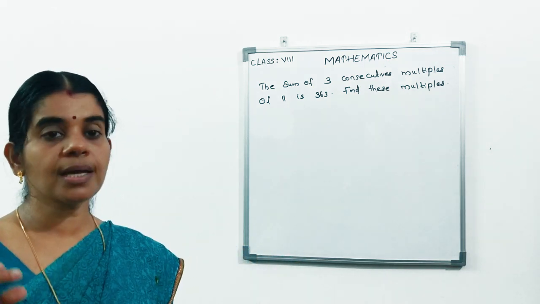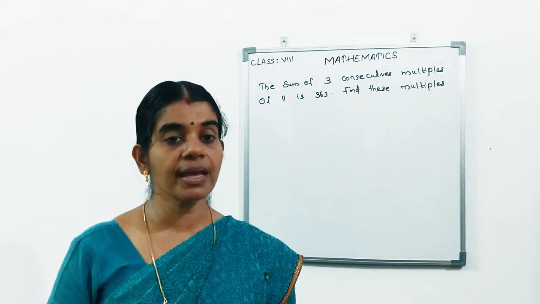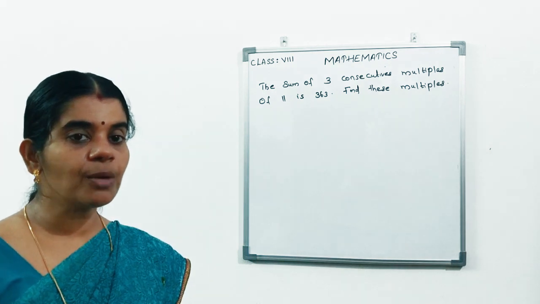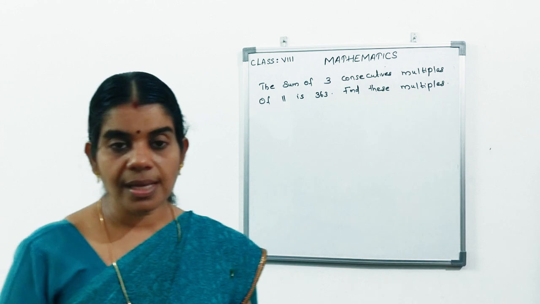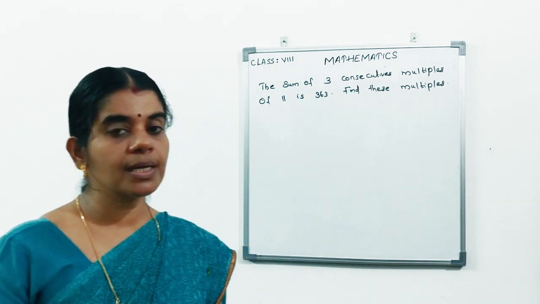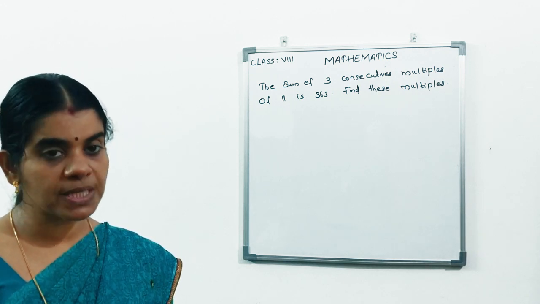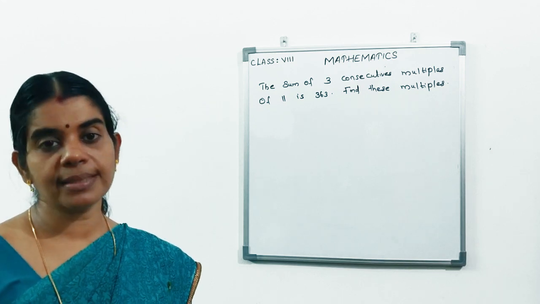Therefore, these three consecutive multiples we can take as x, x plus 11, x plus 22. If they ask for consecutive multiples of 8, then we write x, x plus 8, x plus 16. If consecutive multiples of 4, we write x, x plus 4, x plus 8, x plus 12, like that.